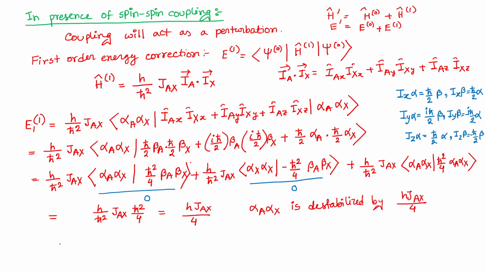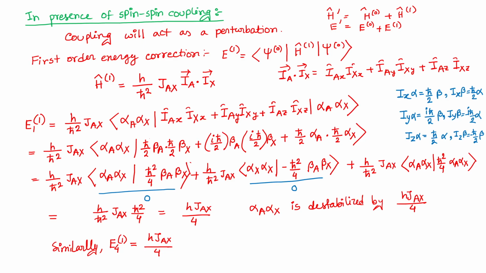Similarly, you can show that the E4 correction to the fourth state is going to be the same, because all the spin states are similar, beta A beta X. So the first two terms are going to contribute nothing, because beta A beta X are going to become something else due to the operation of the operators I_x and I_y.